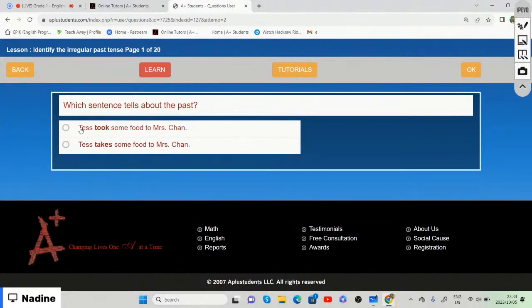"Tess took some food to Mrs. Chan," or "Tess takes some food to Mrs. Chan." We need to say which of these two sentences tells us about the past. Is it took or takes?